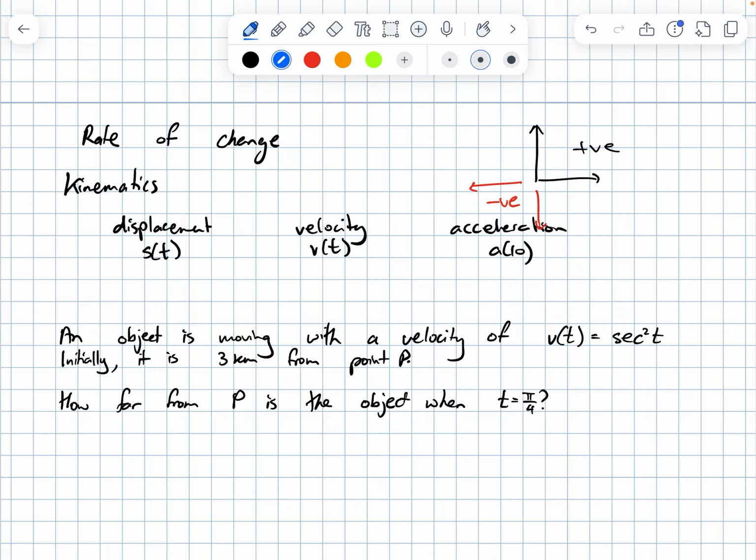Now, in terms of how to get from displacement to velocity to acceleration and the reverse, it's just going to be differentiation going down the chain and integration going up the chain.